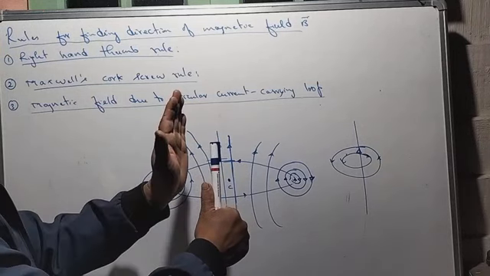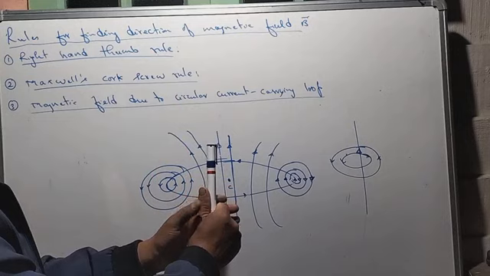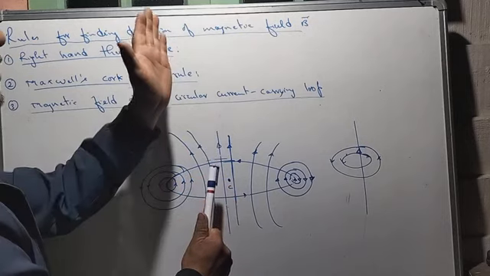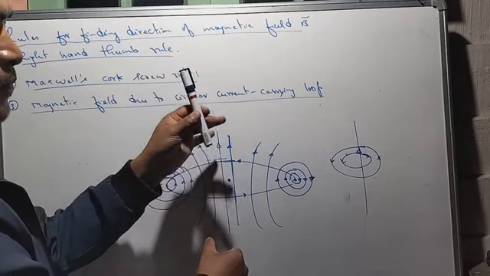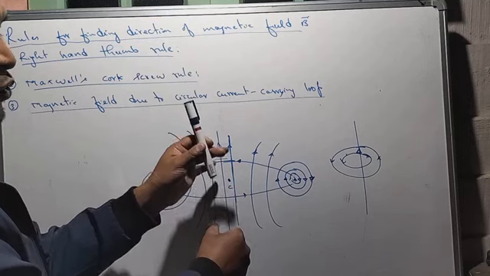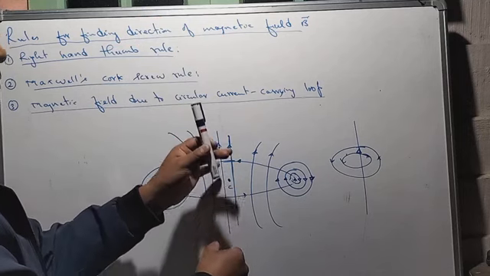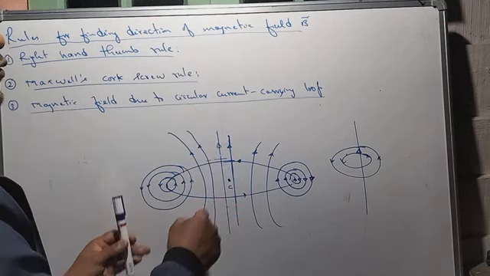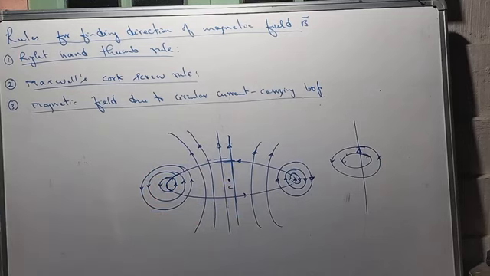The magnetic field at the center of the loop will be perpendicular to the plane of the loop and passing through the center of the loop. I think this is clear. So this is all about how to find the directions of a magnetic field due to various shapes of conductors.